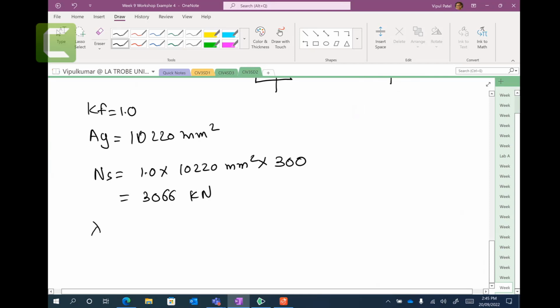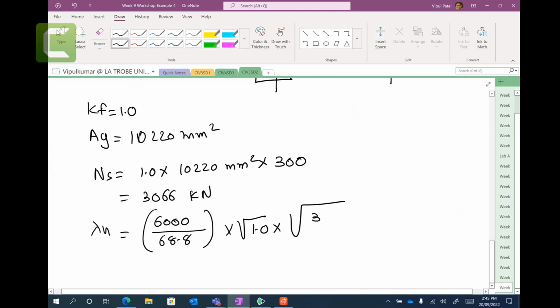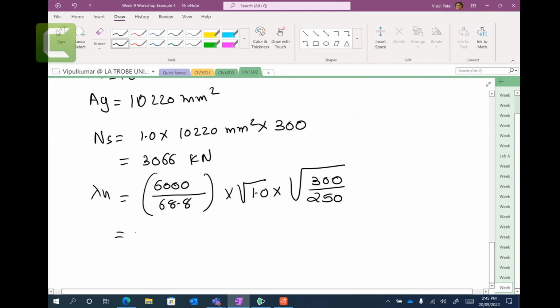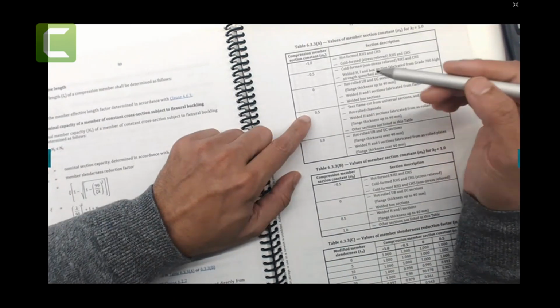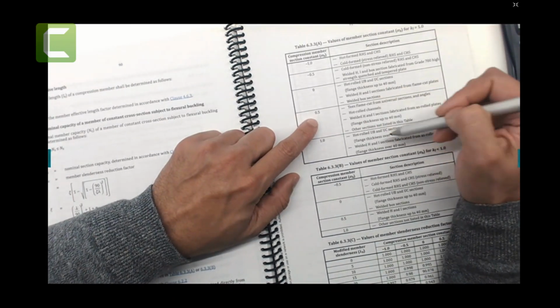Right? Effective length is 6 meters. 68.8 is the smaller value. Kf 1, 300 on 250. You get 95. Alpha b 0.5. I can show it to you because that is quite changed. Hot rolled channels.